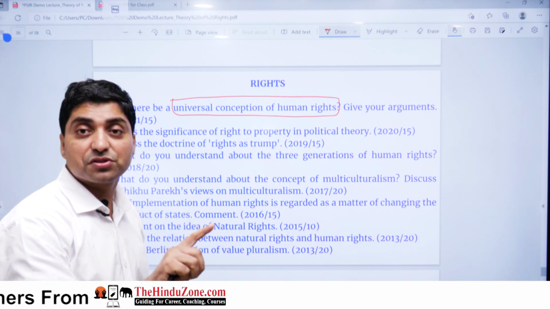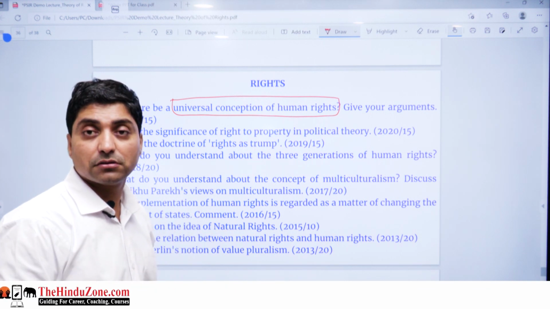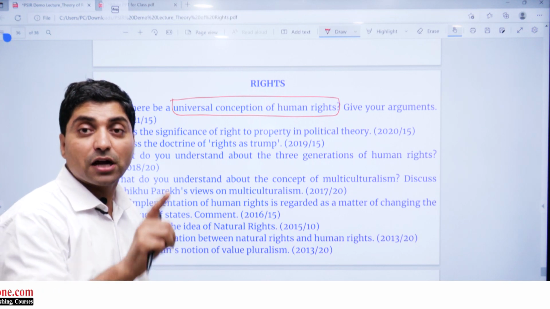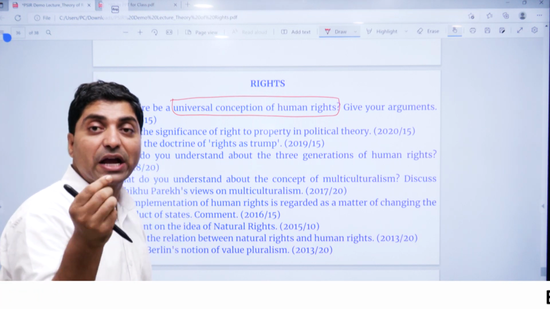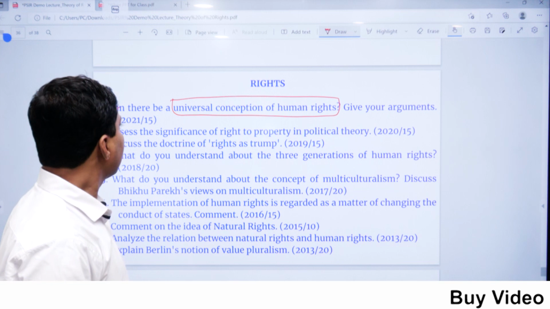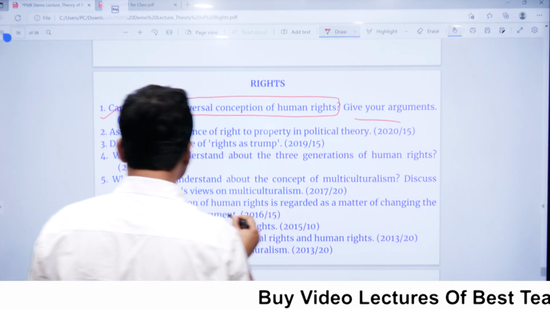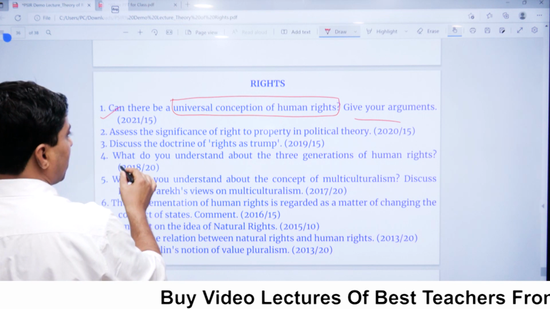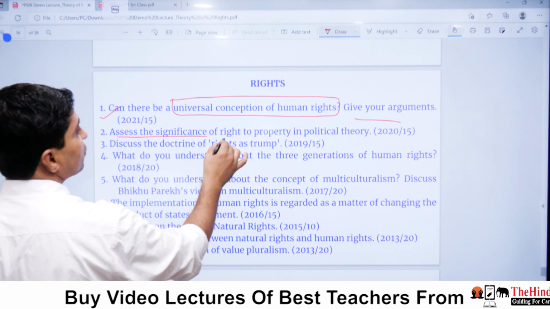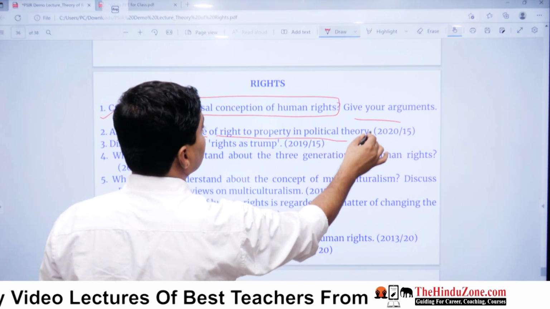If it is a universal right, who will enforce it? Is there any world government that can enforce the right? Now you can give arguments. So this is the question. Now, assess the significance of the right to property in political theory.